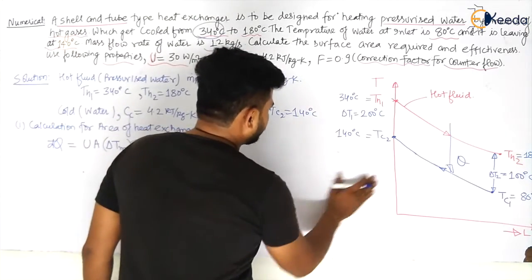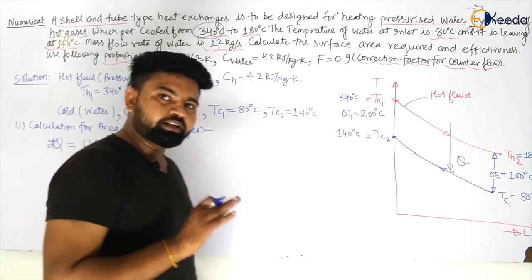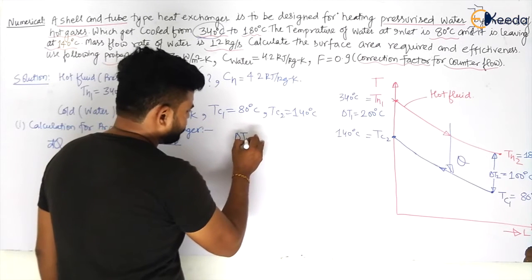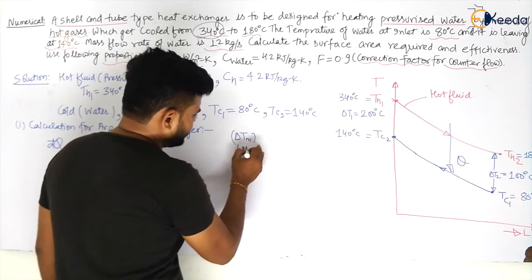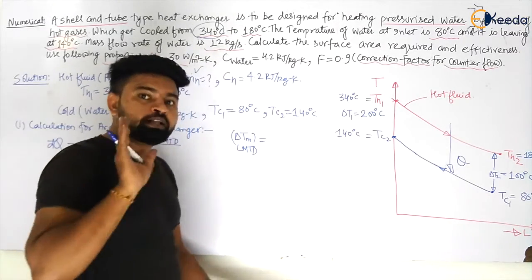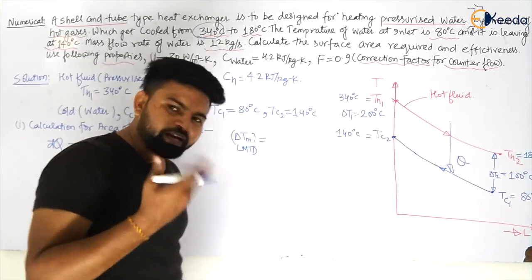Now my dear students, I know delta T1, I know delta T2. Can I calculate the log mean temperature difference, delta Tm, that is LMTD? Yes, sir. What is the formula for that? The formula is the same for counter flow and parallel flow, my dear students.